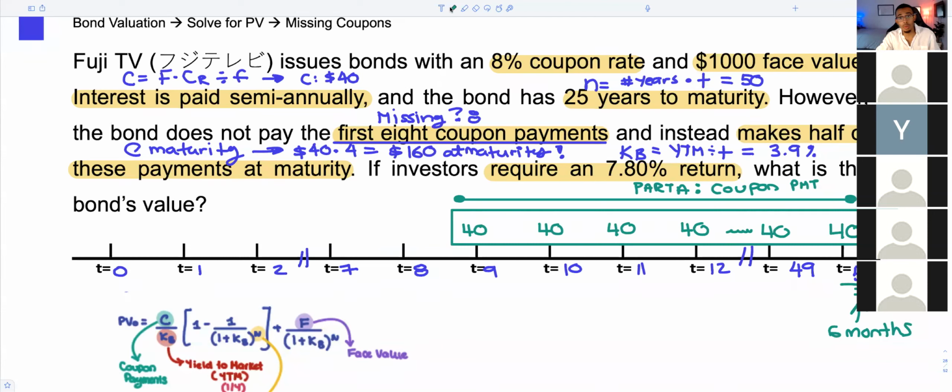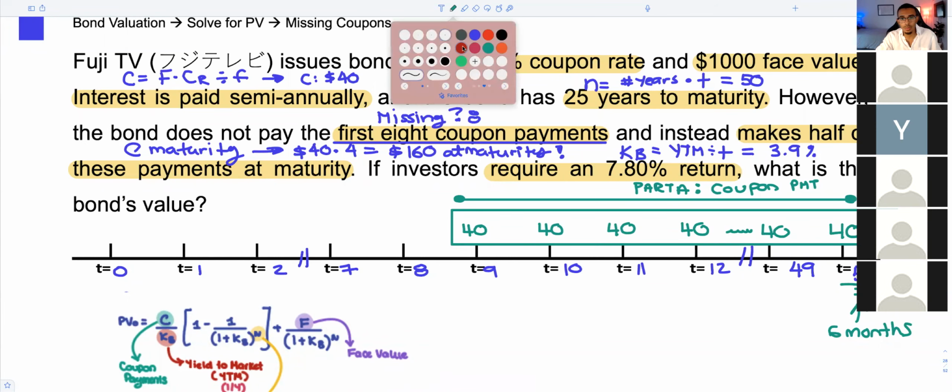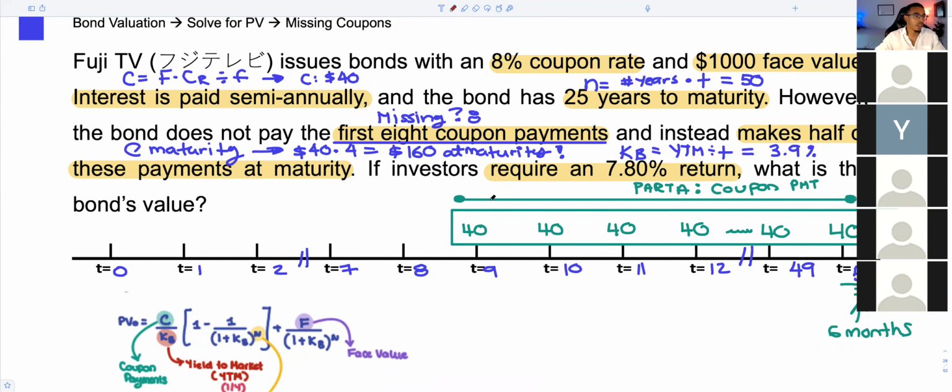Now, another thing that we need to note is that because it's a bond, we're for sure going to get some payments done at maturity. Typically, it's only the face value. But in this case, we're receiving a little bit of extra money because we missed a few coupons, right? So at T equals 50, how much money are we actually getting at maturity?